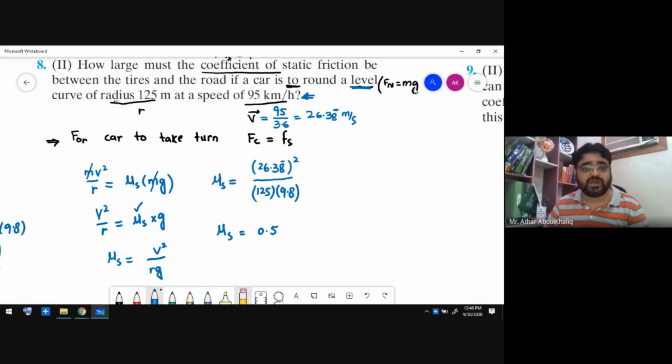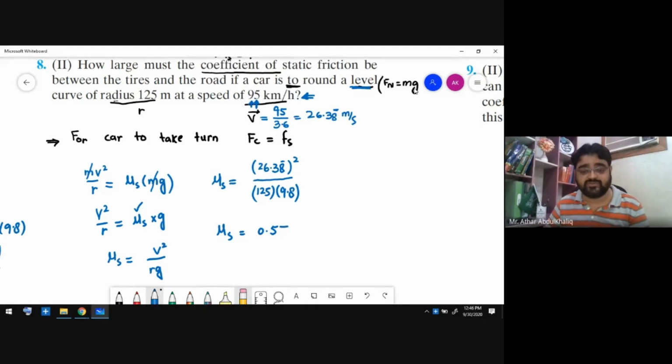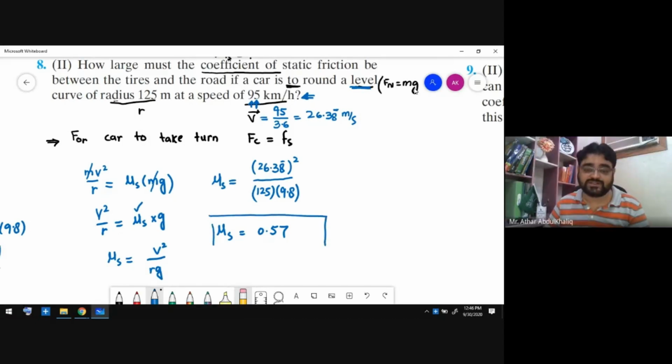I have to round it off because 95 has two significant figures, so it will change to 0.57. I will tell you one more interesting thing: when you write the coefficient of friction, you don't need any unit. It is a unitless quantity. Mu s is a constant, a number, so it does not have a unit.